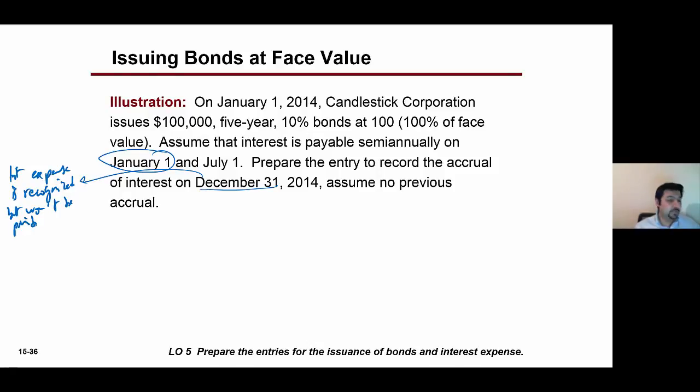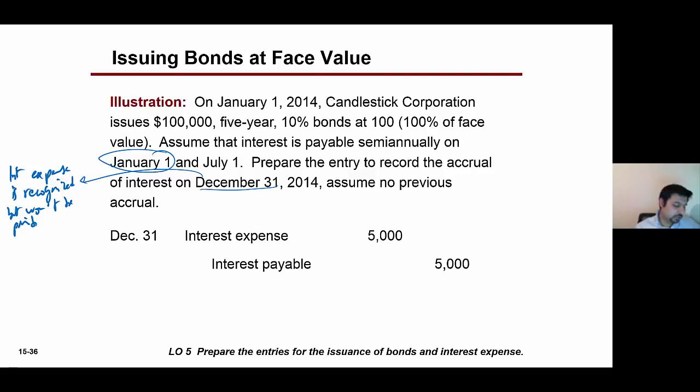As a result, the company will recognize interest expense, so they will debit interest expense, 5,000, and credit interest payable. This is the amount that the company will have to pay on January 1st, but on December 31st the company will have to recognize this expense.